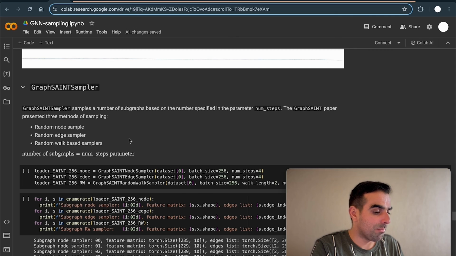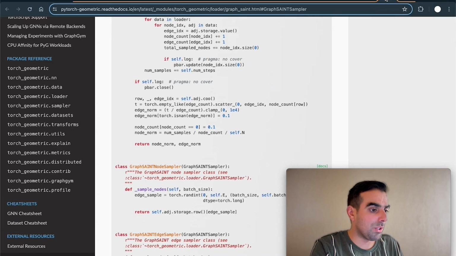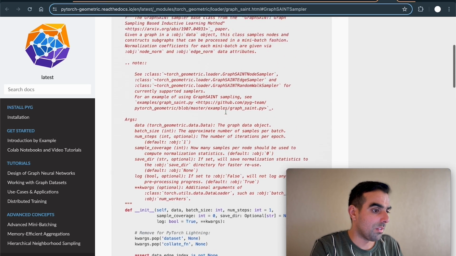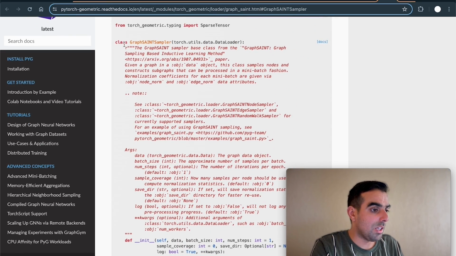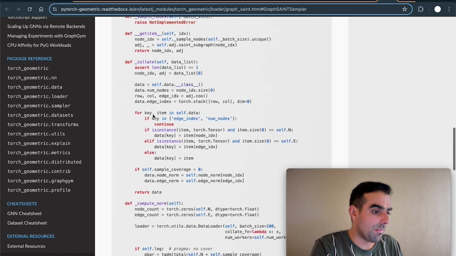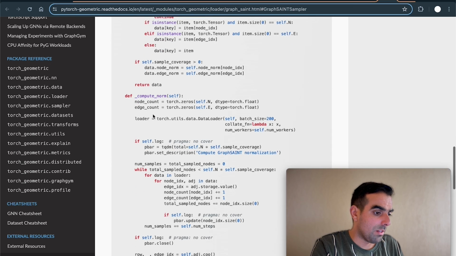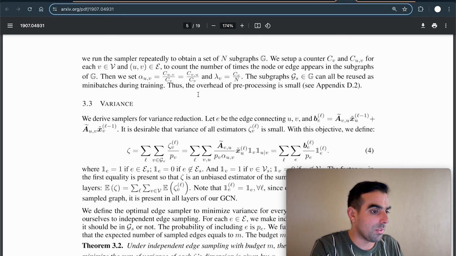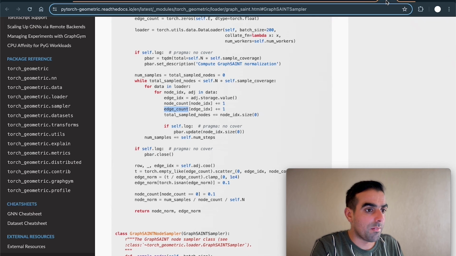Let's look at the implementation in PyTorch Geometric. So this is the class for the GraphSAINT sampler. It basically applies the node counter and the edge counter mentioned in the paper. These two counters, C_v and C_uv, are here.